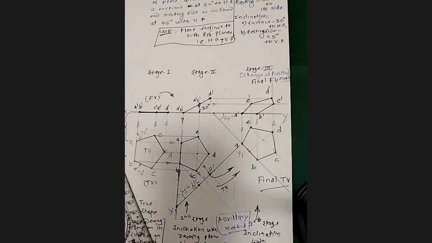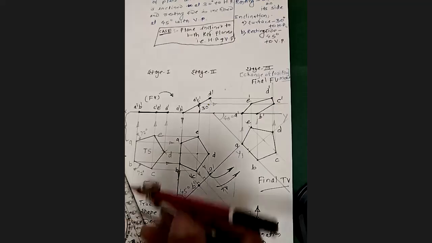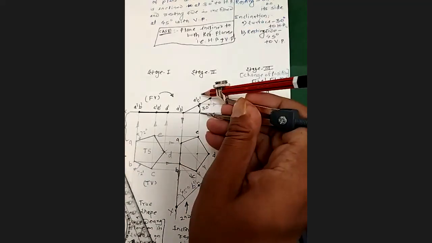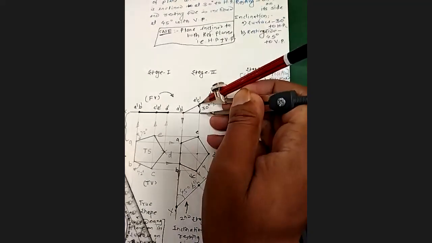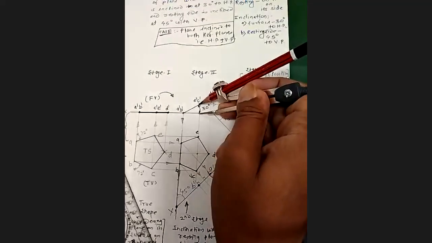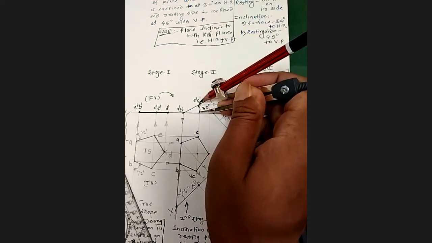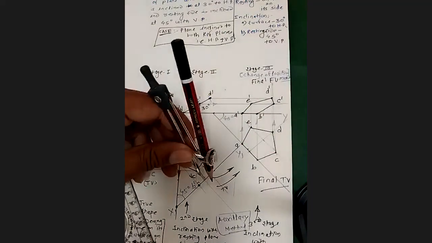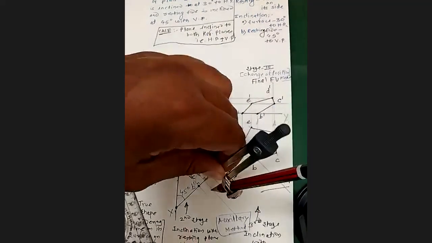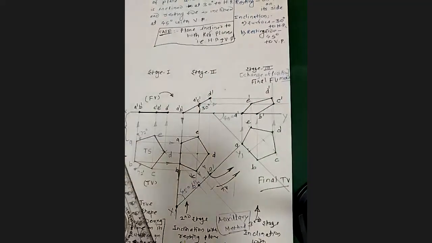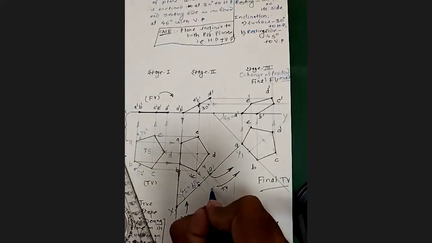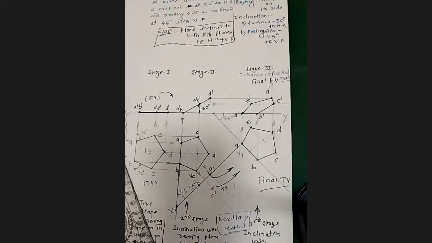So in this change of auxiliary plane method, from the XY line, we'll be taking the distance of C. As far as the projection from C is concerned, we'll keep the metal end at the X1Y1 line and cut this extension. So here, which point are we going to get? We'll get the point C dash, because this is going to be the final front view.